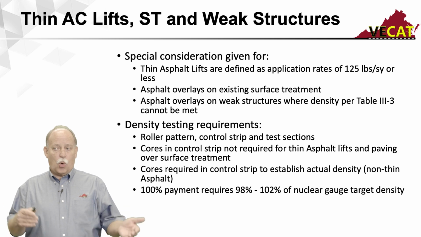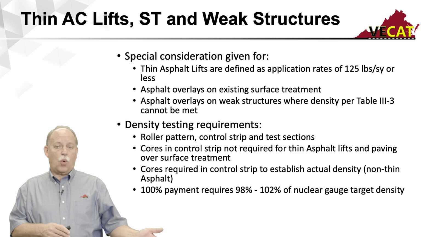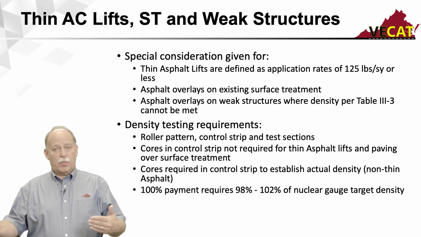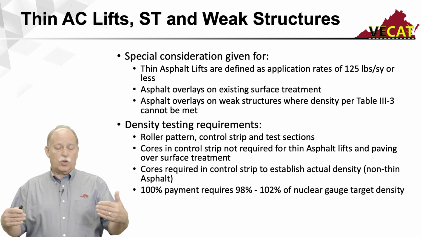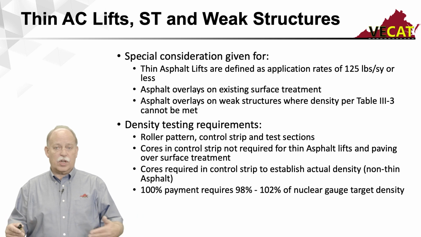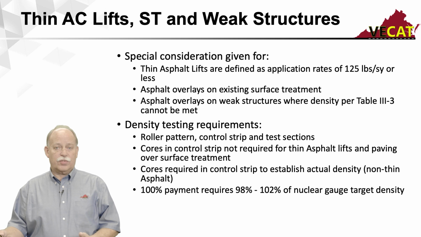Same thing, if you got cores that are on a weak structure, you may have to take a core out of that weak structure to determine that you actually are establishing an actual density. So now you may determine that you got 95.3% in that specific instance. However, you determine that the structure itself is weak and you're unable to continue that.